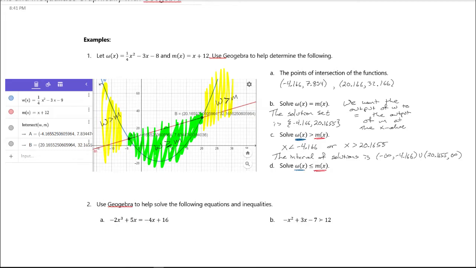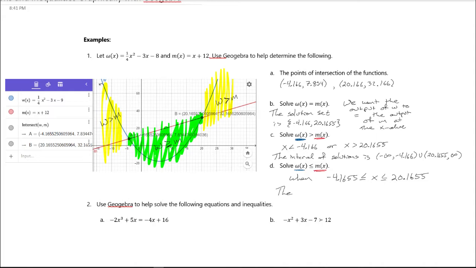And the x values where that occurs is when x is between negative 4.1655 and 20.1655.